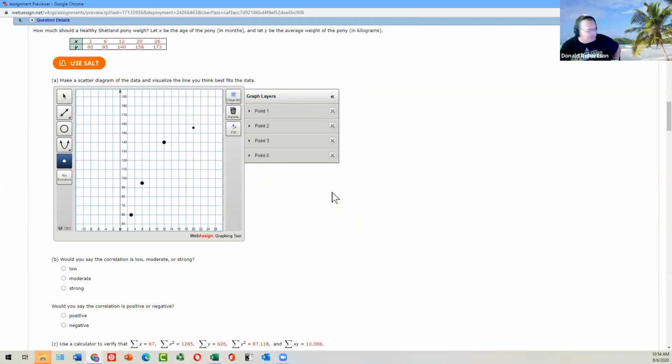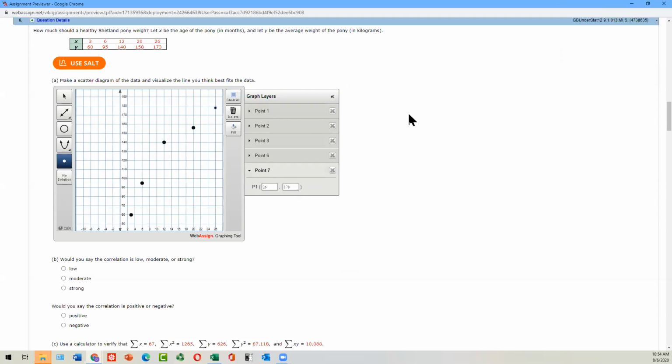Okay, that's better. And what's the last one? 26, 173. 173 is sort of there. Actually, I'm a little bit out. But if I take that last point, can't I just go and change it to what it should be?